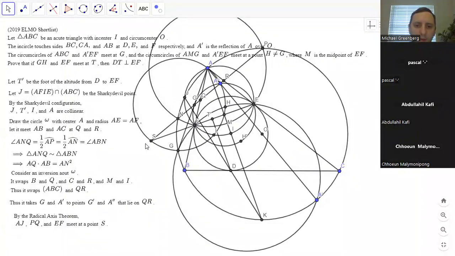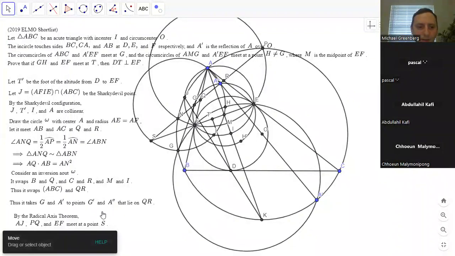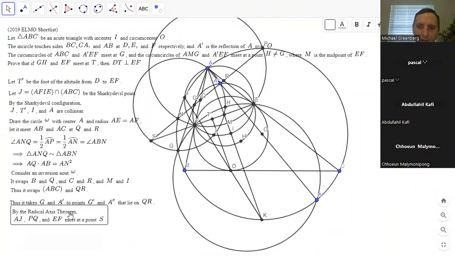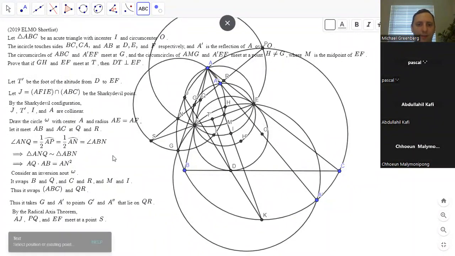A double prime S is 90. That's a good point. Yes. So A double prime S is 90, so that implies that it's cyclic. Yes.